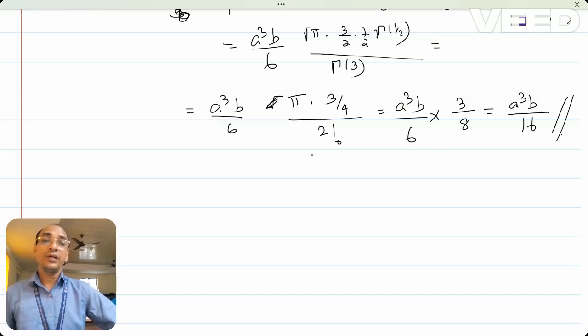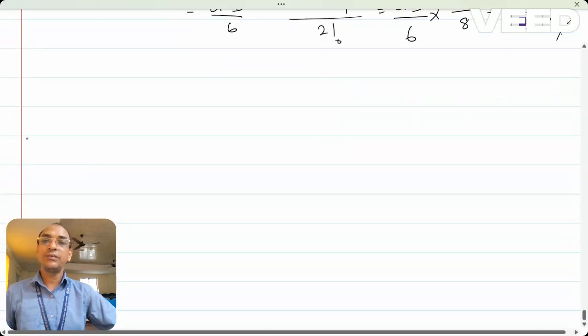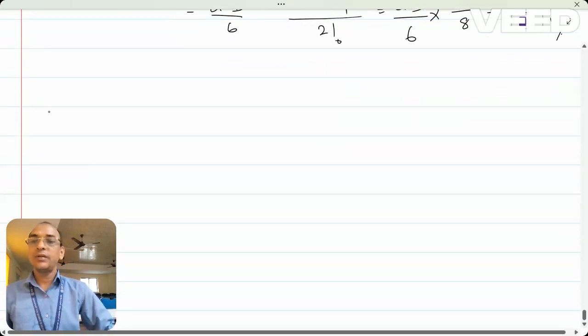Sometimes what will happen is that the given integral will represent a single region, but when we change the order, we have to divide it into two regions. I will consider one such problem.